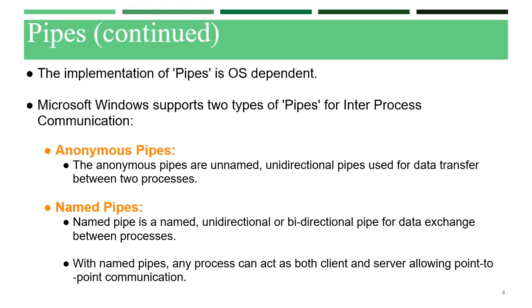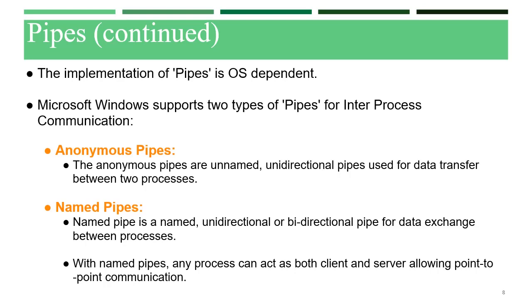Microsoft Windows desktop operating systems support two types of pipes for inter-process communication: anonymous pipes and named pipes. Anonymous pipes are unnamed, unidirectional pipes used for data transfer between two processes. Named pipes are named, and can be unidirectional or bidirectional, for data exchange between processes.